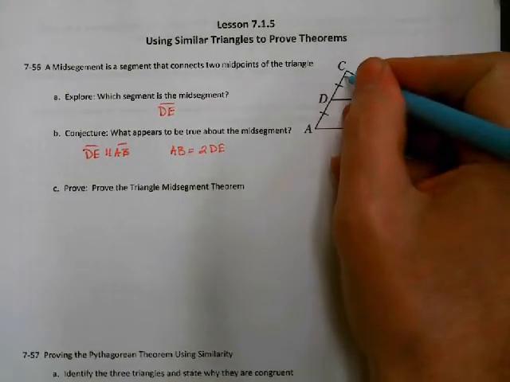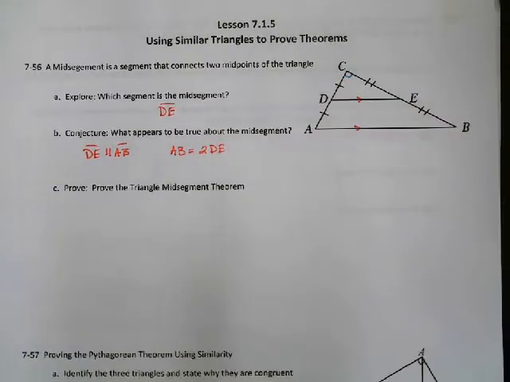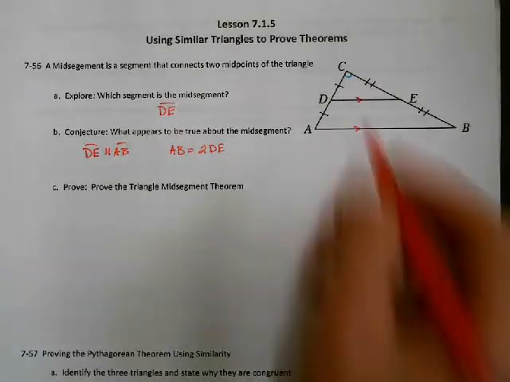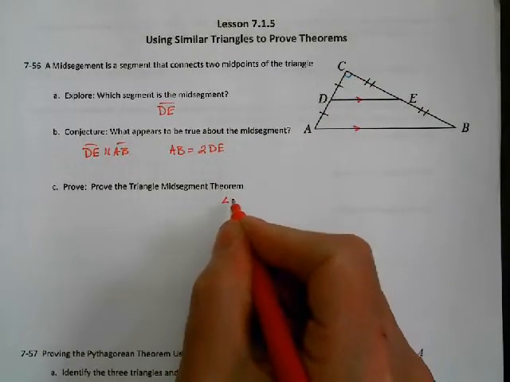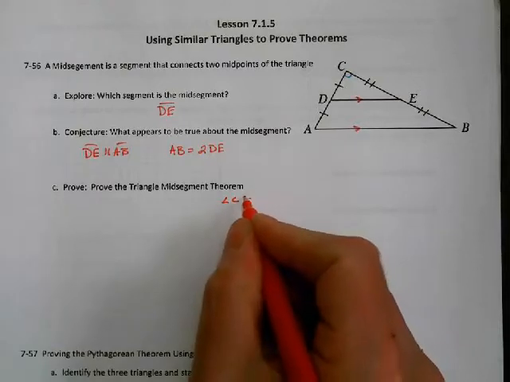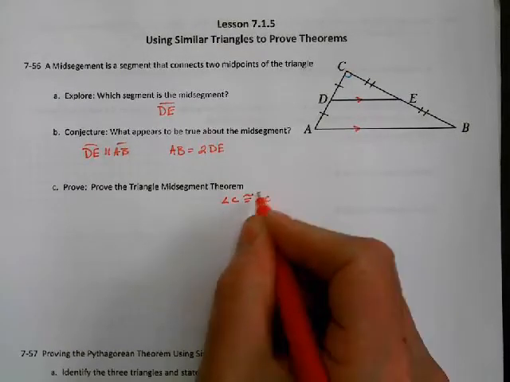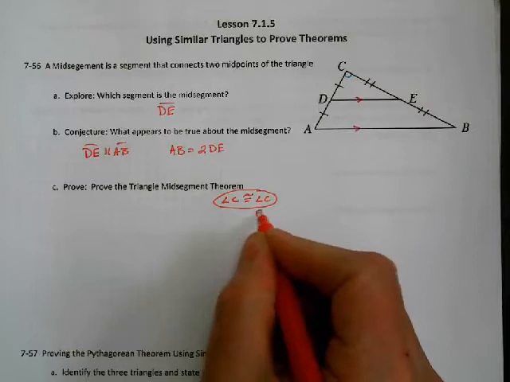We've got a reflexive angle up there, because on the small triangle, angle C is one of its angles, and on the big triangle, angle C is one of the angles. So angle C from the small triangle is congruent to angle C from the big triangle, and that's the reflexive property.